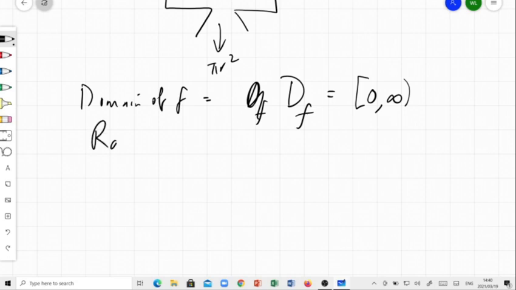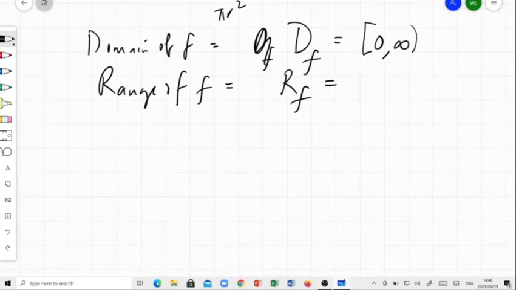And then the range of f, which we shall write as R_f, will give you the set of all the numbers that are spat out by the machine. In other words, all the possible areas of the circles. And in this case, this one again is all the positive numbers.